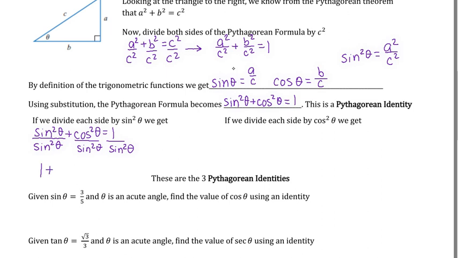Cosine divided by sine is our cotangent, so cosine squared divided by sine squared is cotangent squared theta. And 1 divided by sine is cosecant, so 1 divided by sine squared is cosecant squared theta.